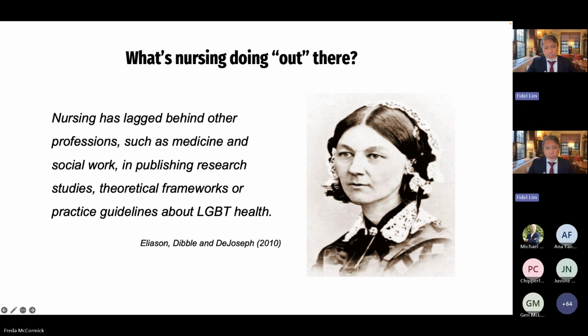Nightingale has been posthumously outed either as a lesbian or might even be transgender. The book that came out in 2008, The Making of an Icon, has a chapter entitled Your Vagabond Son. For some reasons that are not understood and will probably never be understood, Florence Nightingale used to sign her letters, "Your vagabond son."